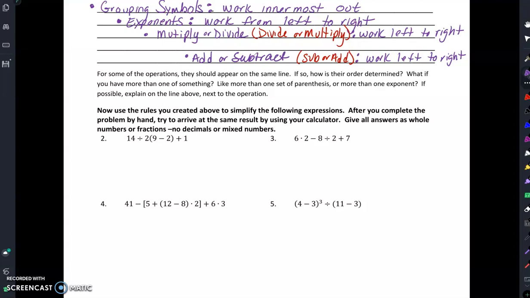So this one here, number 2, 14 divided by 2 times quantity 9 minus 2 plus 1. So the first thing we want to focus on is the grouping symbols. So we're going to do what's inside there. 14 divided by 2.